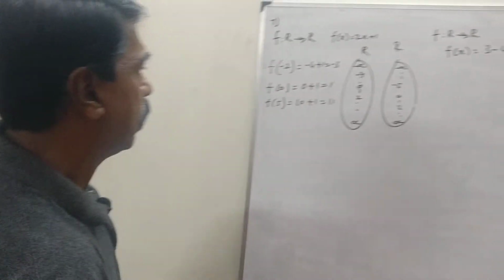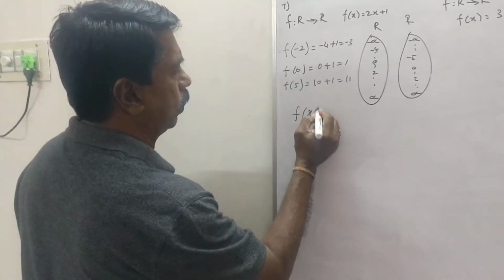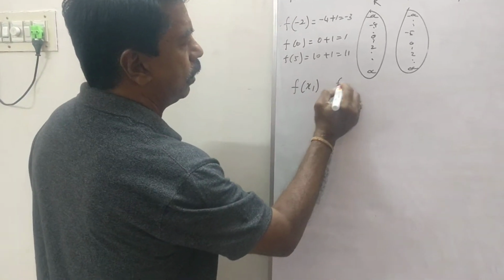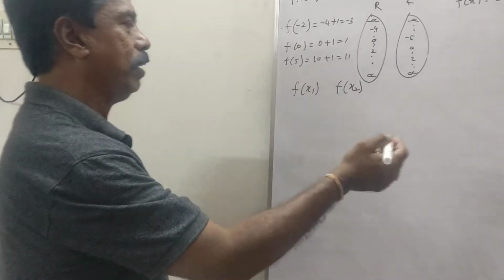That is, suppose you take f of x1, that is the image of x1, and f of x2, that is another image of x2.